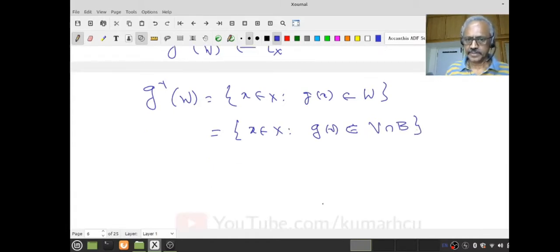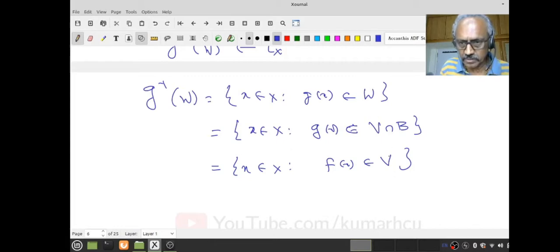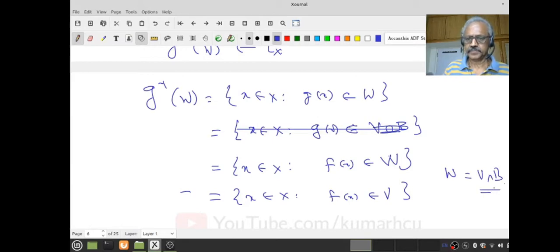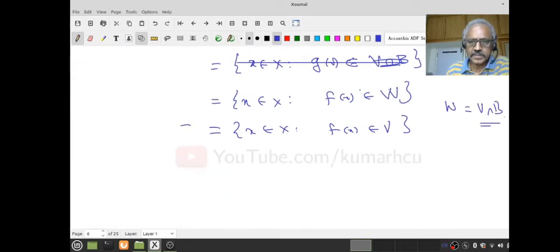Are you following? But what is this? This is the set of all x in X so that g of x is f of x, and f of x is in V. Don't worry, g of x is in W. But this is the same as saying the set of all x in X so that f of x is in V, because W is V intersection B. Do you understand why this happens?